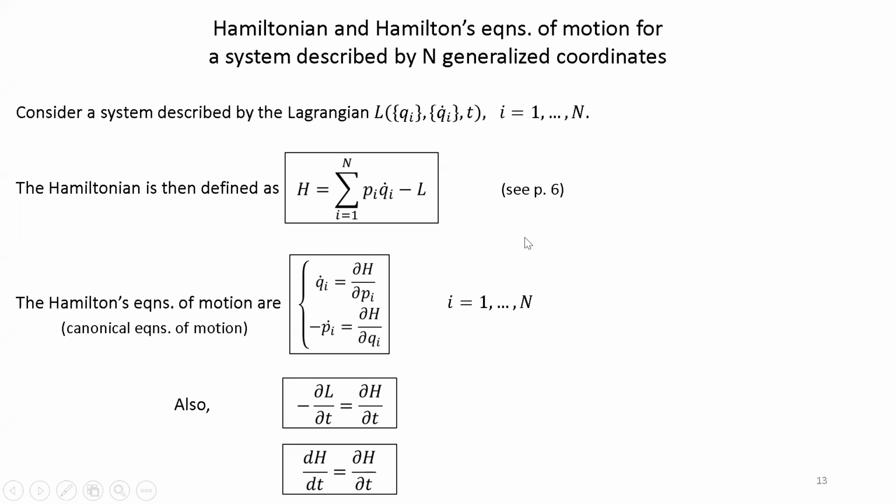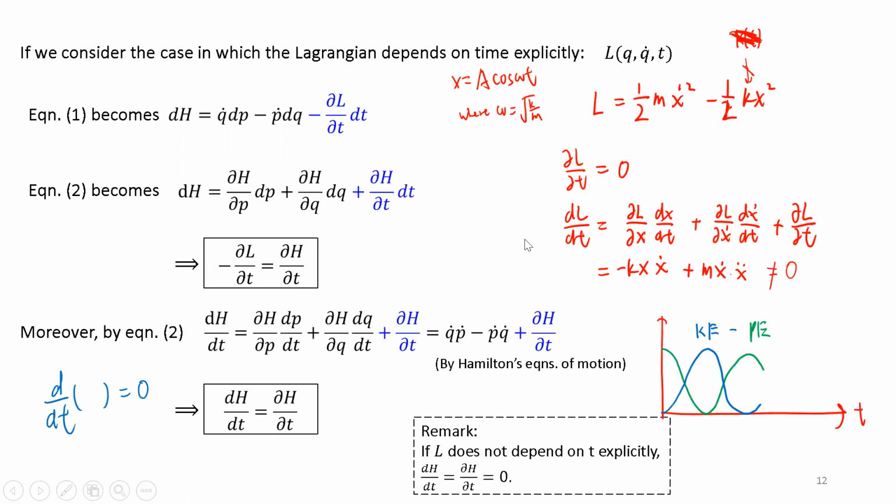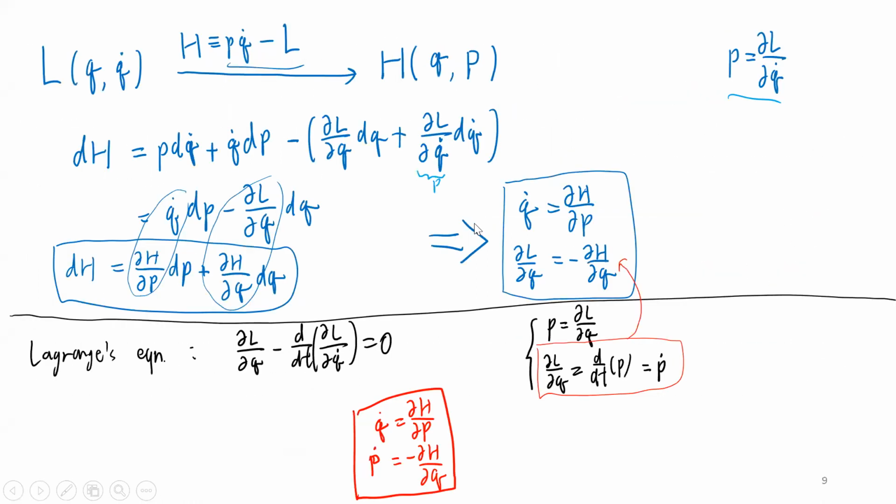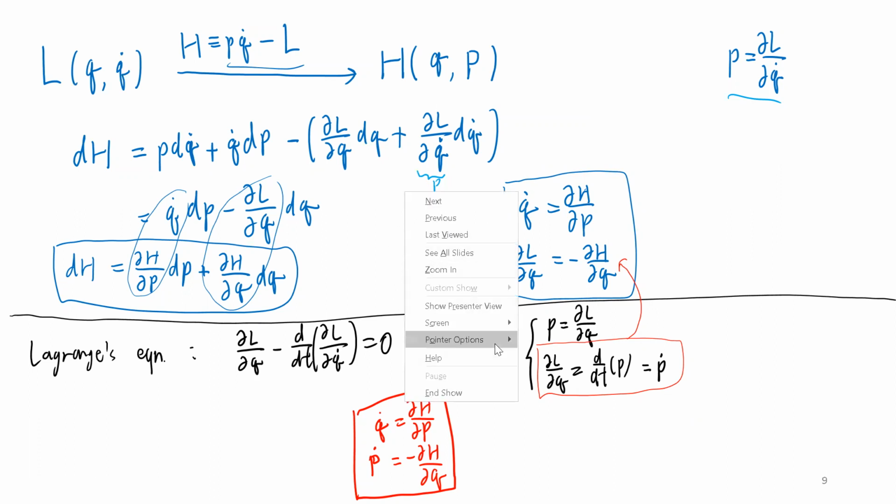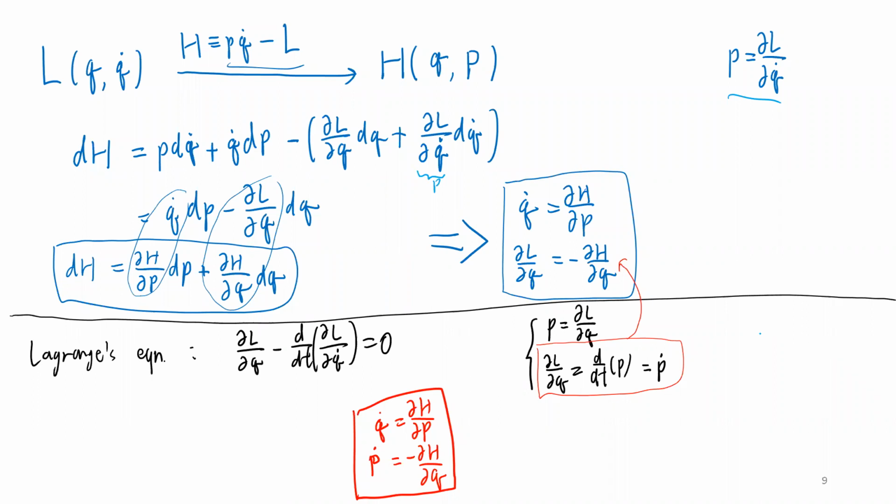How did we derive the Hamilton's equations of motion? We rely on the Legendre transform procedure for the Lagrangian, and we also need the Lagrange equations. And how did we get the Lagrange equations? Ultimately, it is from what we call the principle of least action, or the variational principle, or sometimes the Hamilton's principle. I'll just call this the principle of least action.